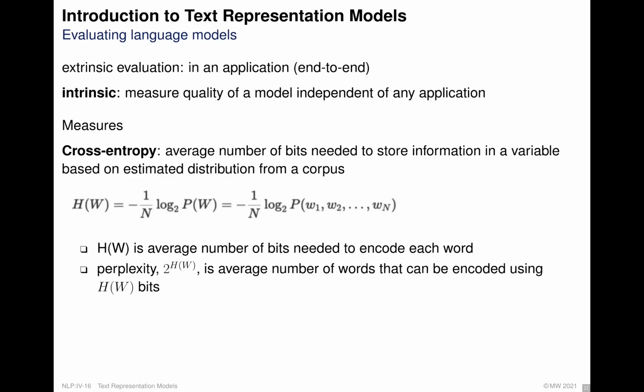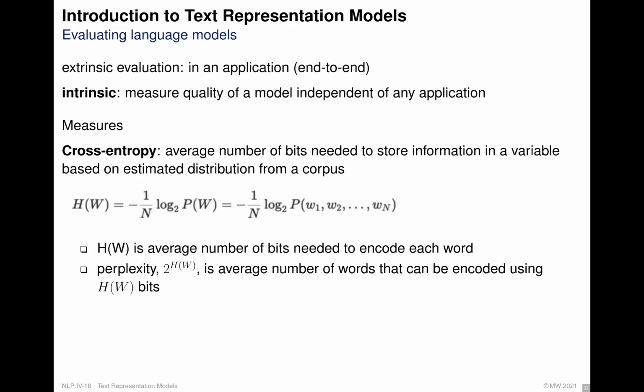This is related to a different measure that is also frequently used in relation to language models, and this is cross-entropy. This notion might also be familiar to you from information theory.